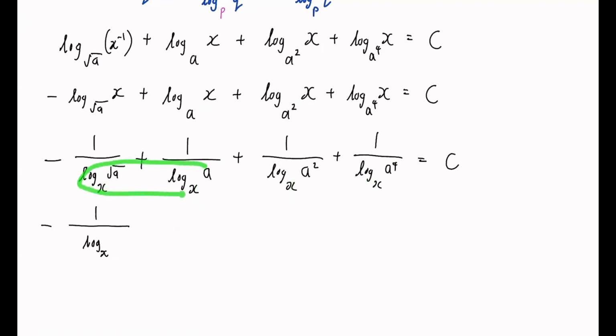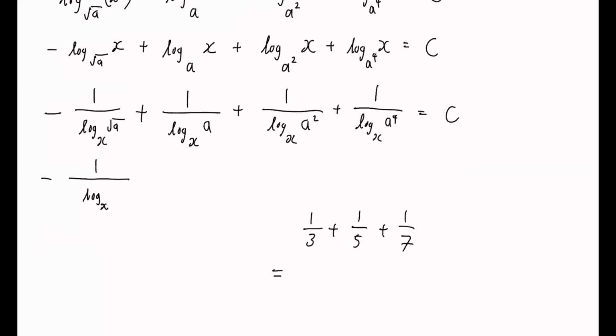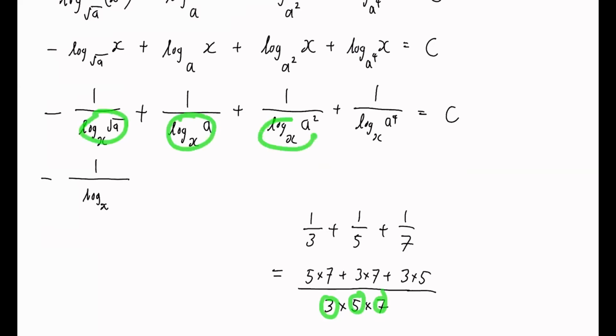So I notice they all look a bit different. Some people will add fractions together, like for example, 1 over 3 plus 1 over 5 plus 1 over 7 by combining into 3 times 5 times 7, so you get 5 times 7 plus 3 times 7 plus 3 times 5. Here, if you try to do that, that would be a very horrible idea. Why? Because the 3, the 5, the 7 represent log something.